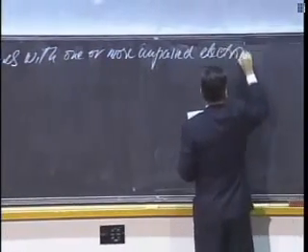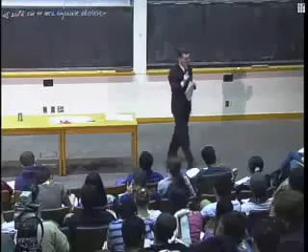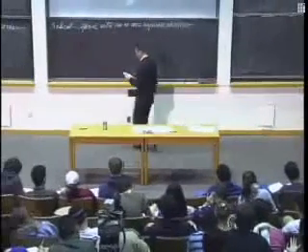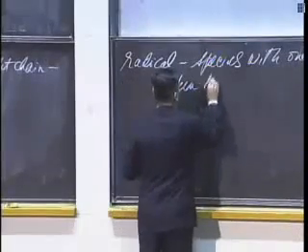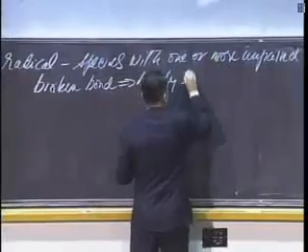So unpaired electrons living in an orbital, that's a broken bond. So this is very highly reactive. Okay? Think of it as a broken bond, highly reactive.